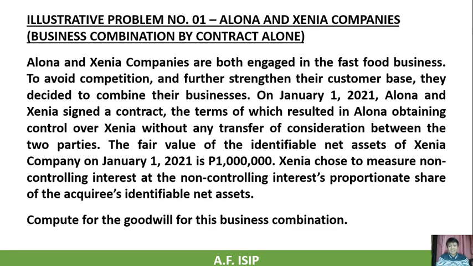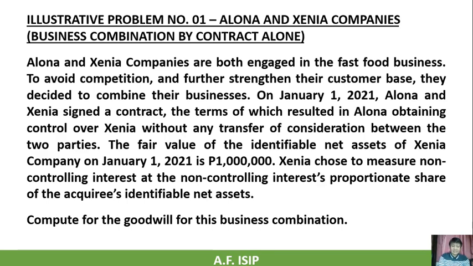Alona has some business connections. Alona may have some political inclinations. So that is why Xenia allowed Alona to gain control of the business even without transferring any cash or issuance of stocks.